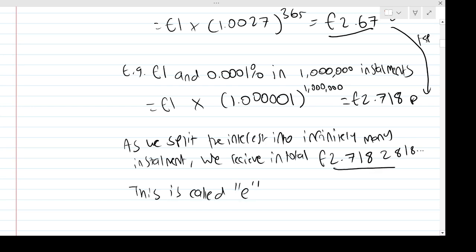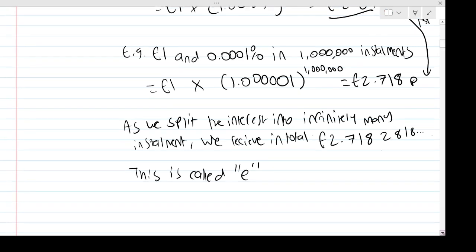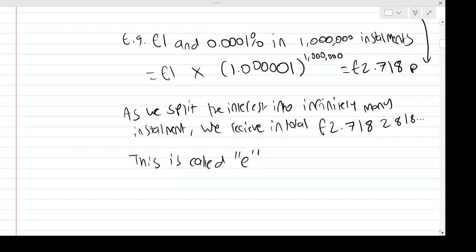This number here, 2.718, is the long-term amount of money we get if we keep repeating this process of splitting my interest of 100% into infinitely many installments. We get this finite number, 2.718, this large decimal. This is called e, which you might hear called Euler's constant.